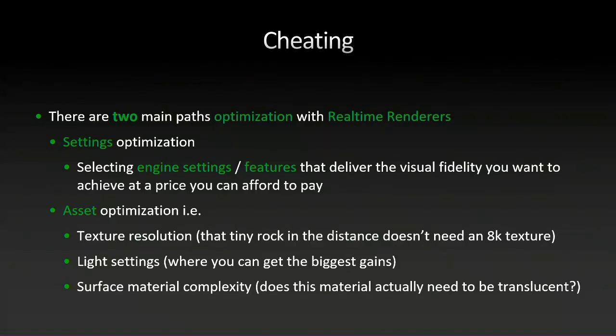Light settings, this is where you can probably get the biggest gains, because shadowing is really, really expensive. Dynamic shadowing is super expensive. And then your surface material complexity. You guys have been writing materials and putting them on bottles and spheres and stuff. That's a surface material, basically. And the complexity of that can also count towards how quickly the GPU can get stuff done. All that code is usually run at runtime while your game is running.